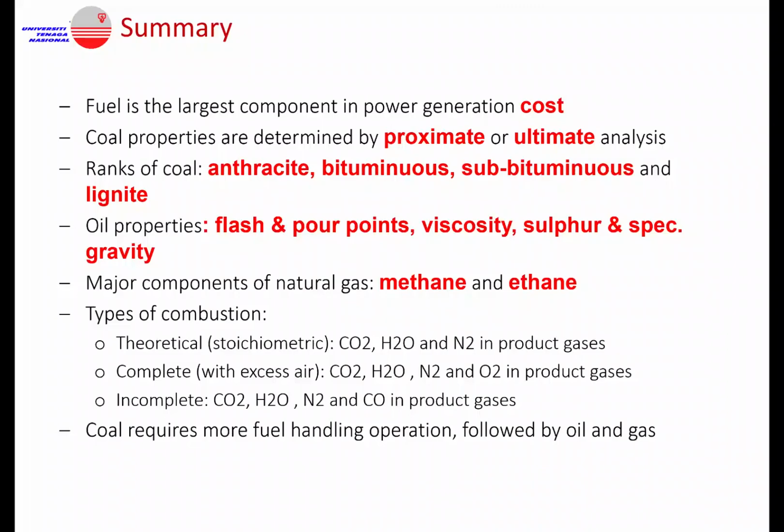Whereas in the ultimate analysis, we want to know exactly what the elements are: carbon, hydrogen, sulfur, oxygen, nitrogen and whatnot. Usually the proximate and ultimate analysis are expressed as a percentage of mass, unless otherwise stated in the question.